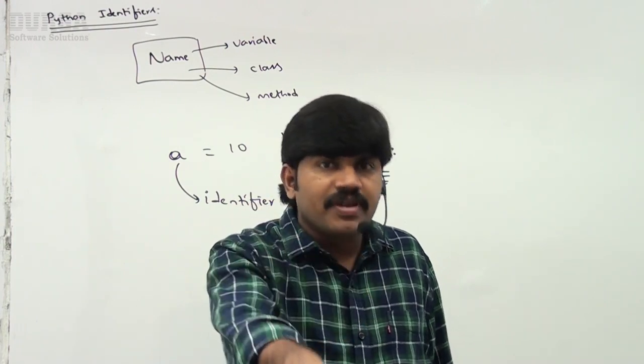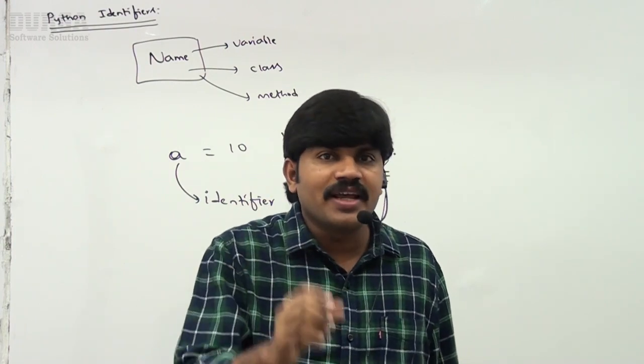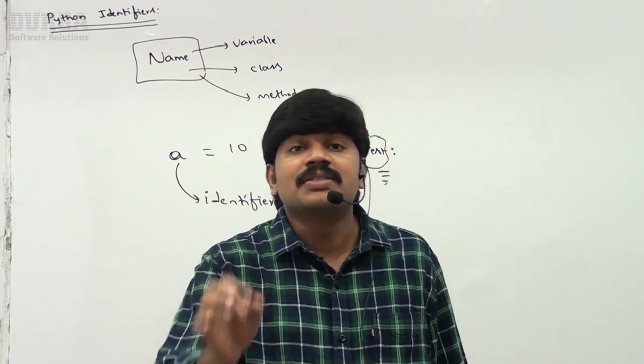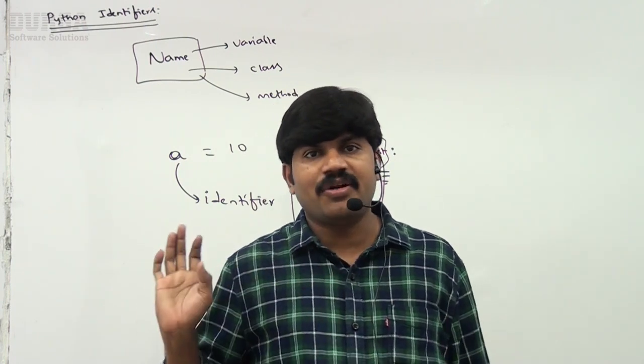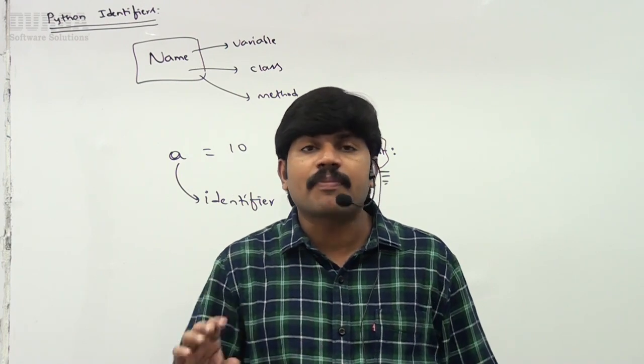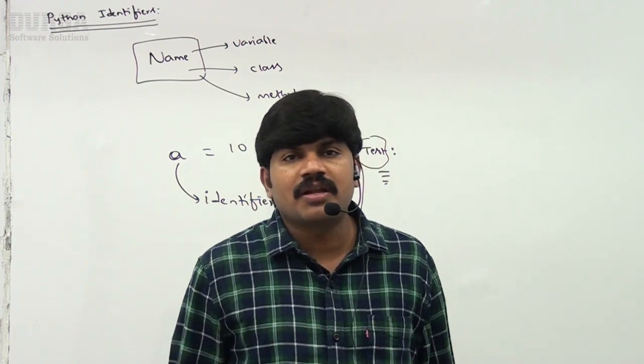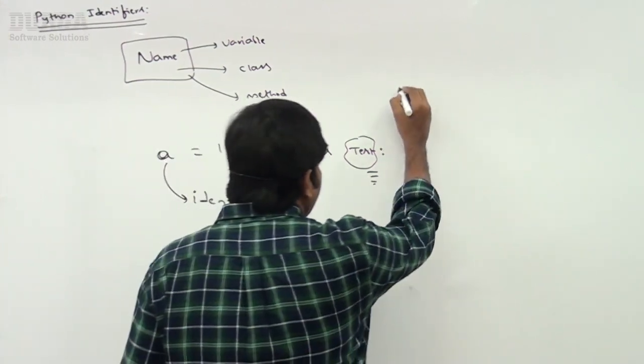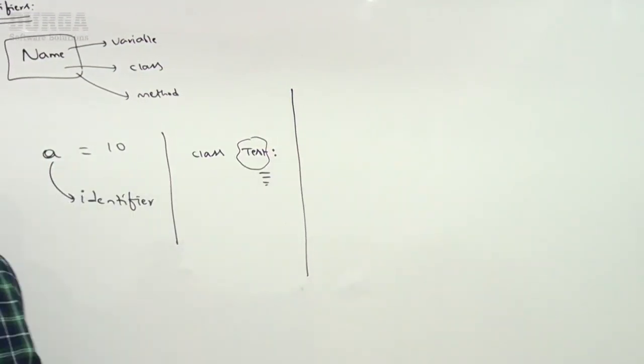In the same way, if you want to create a Python name, compulsorily we have to follow certain rules and regulations. What rules are there for Python identifiers? Around 4 to 5 rules are there. Observe these terminologies very carefully.